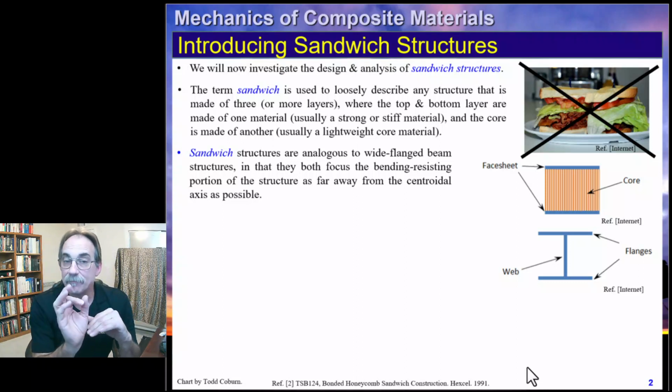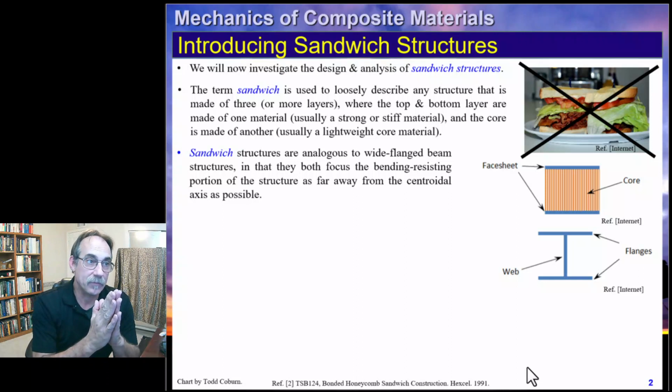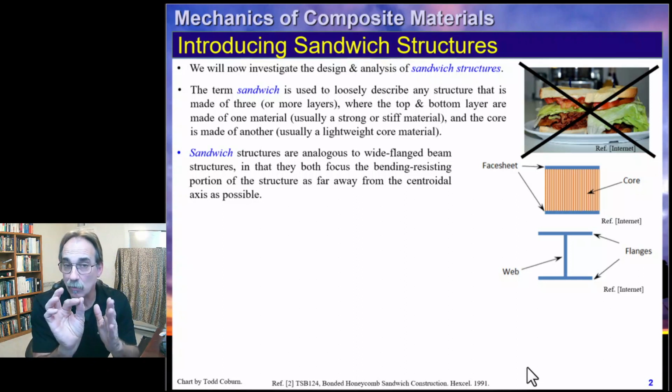This web has a lot less area, so it's weaker and has less shear stiffness, because a lot of times that will be stability critical. It can buckle at a very low load when you get really thin webs, like we see in aircraft and shipbuilding. But the structure is very efficient for carrying bending.